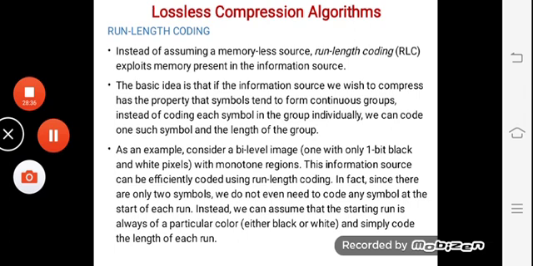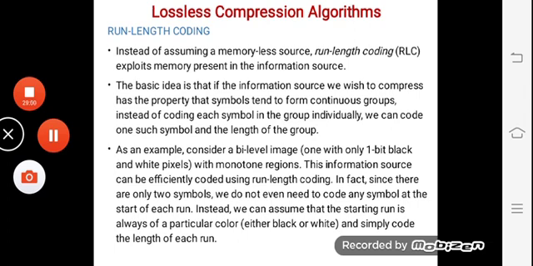So, since there are only 2 symbols, we do not need to code any symbol at the start of each run. Instead, we can assume that the starting run is always a particular color, either black or white, and simply code the length of each run.